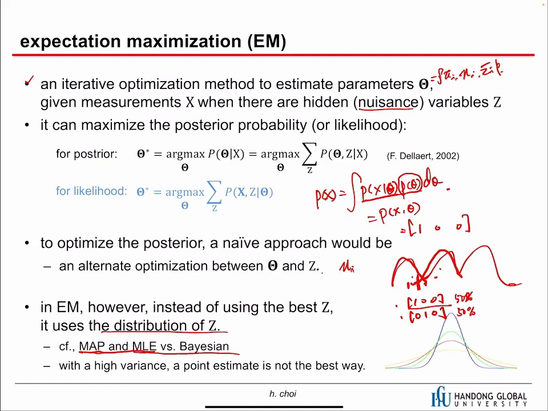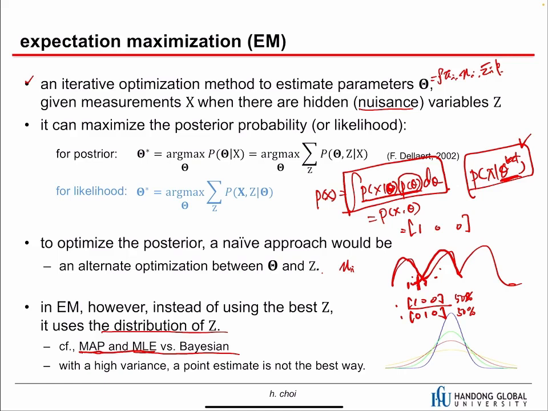So instead of using P of X given the best theta, we use this one. This one is more correct than that one. That one is based on one point, one best shot, but in this case we integrate over all the possible thetas with different probabilities.